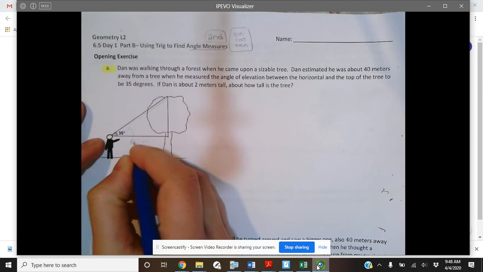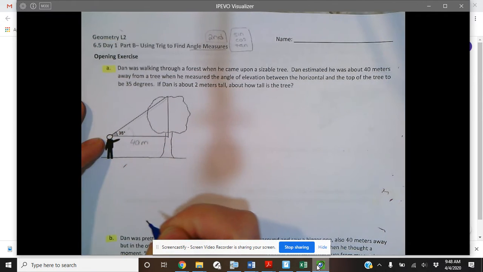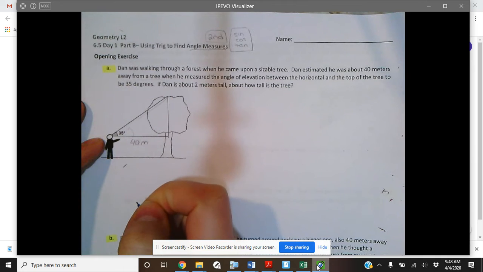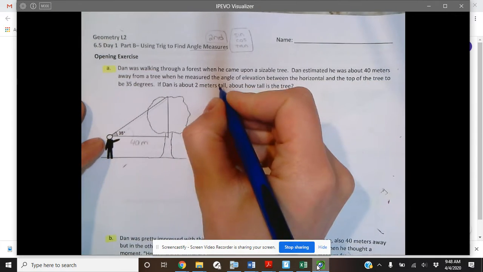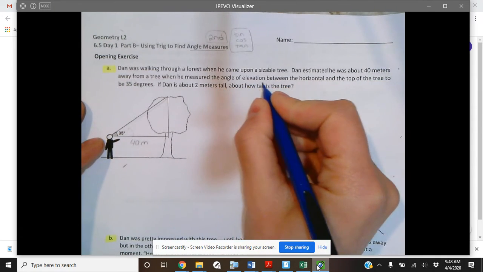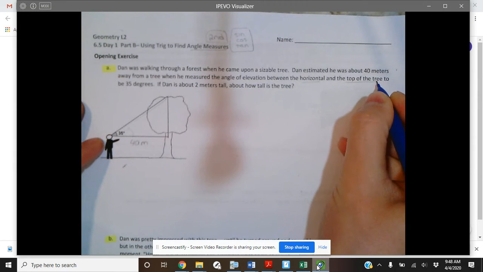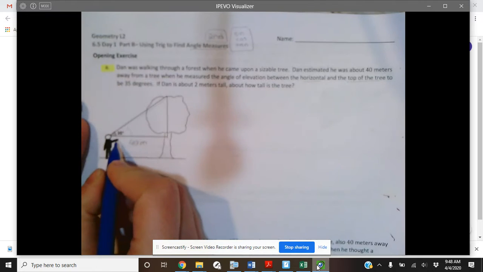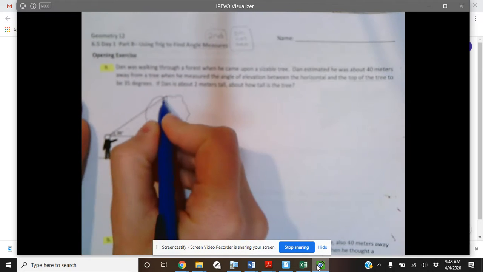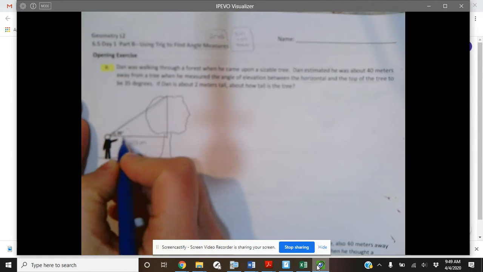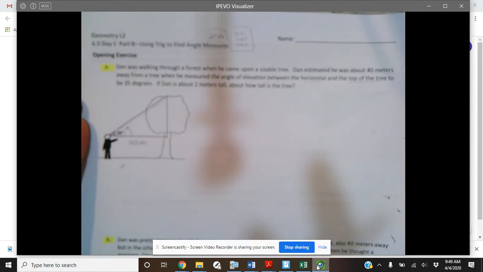So that's where we're going to put 40 meters on the bottom. And then they also said that he measured the angle of elevation between the horizontal and the top of the tree to be 35 degrees. So here's the horizontal, here's the top of the tree. So the angle of elevation between the horizontal to the top is going to be that 35 degrees.